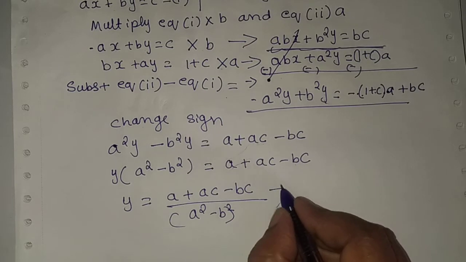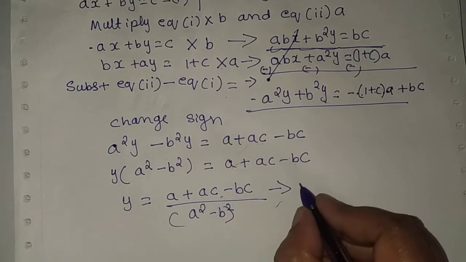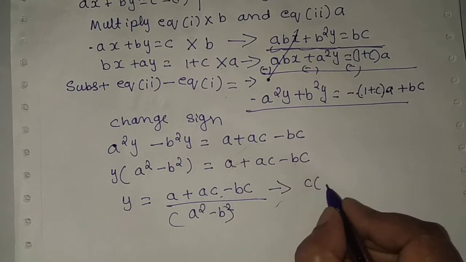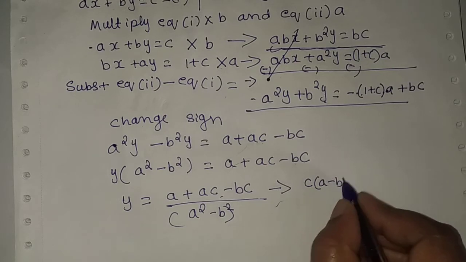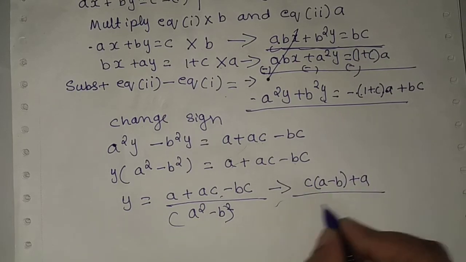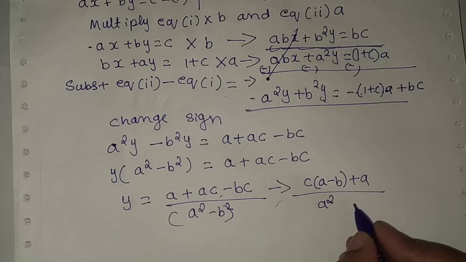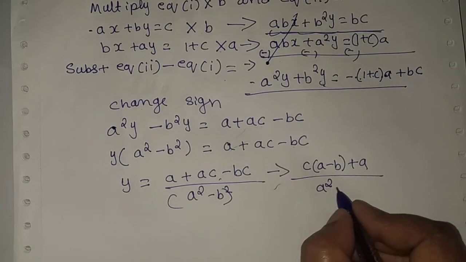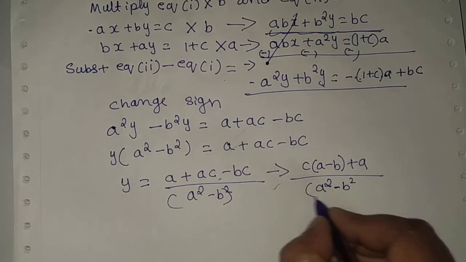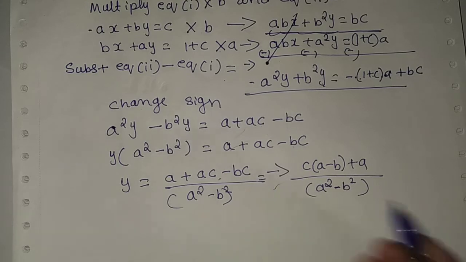Therefore finally, bring c, c is common, bring c outside, then a minus b plus a is equal to a square minus b square. So this is the final form we get.